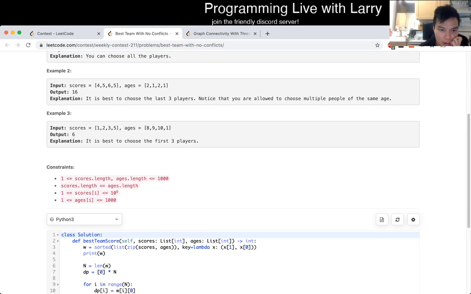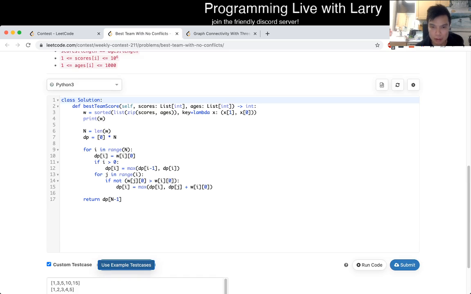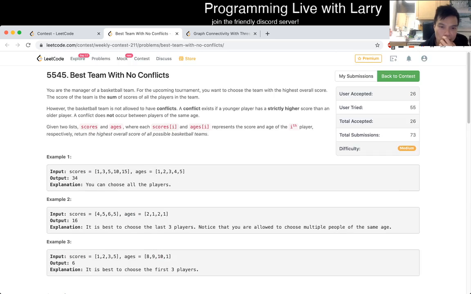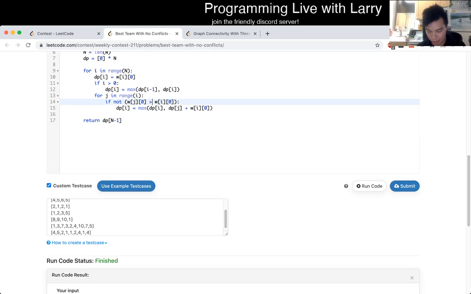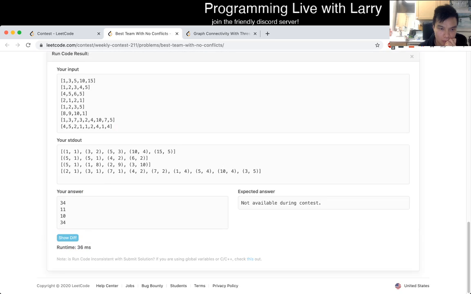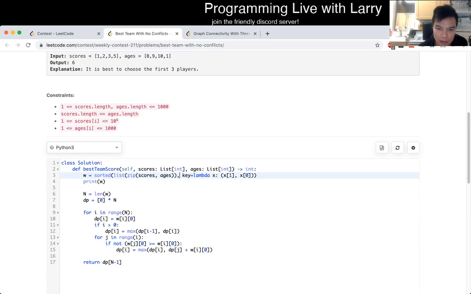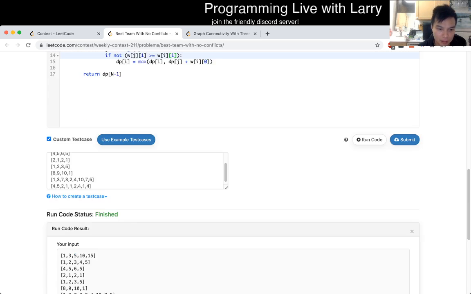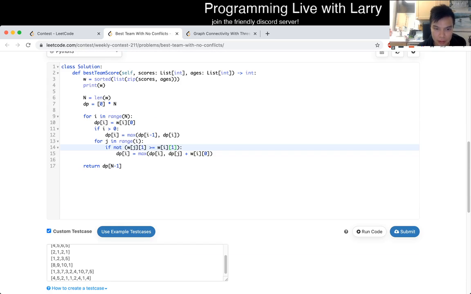To choose the first 3 players. My first intuition is closer, but I just had an equal case.